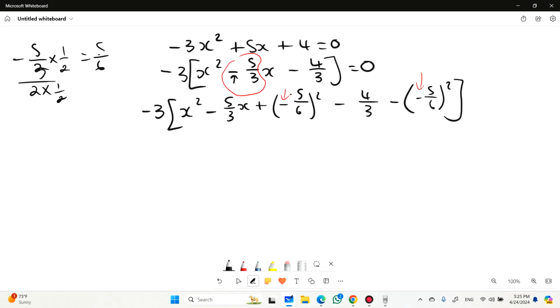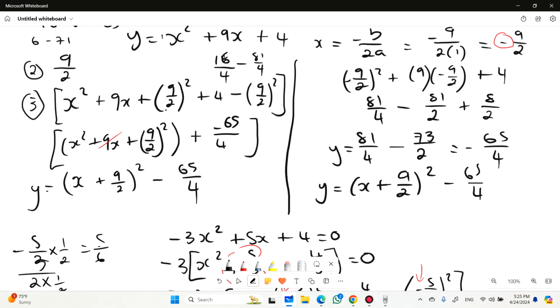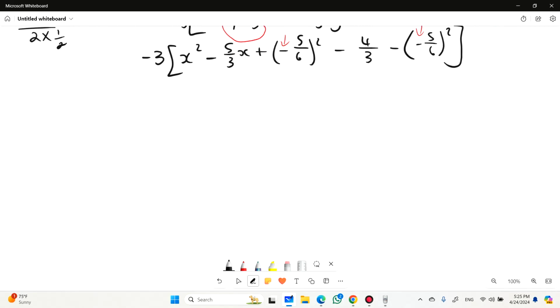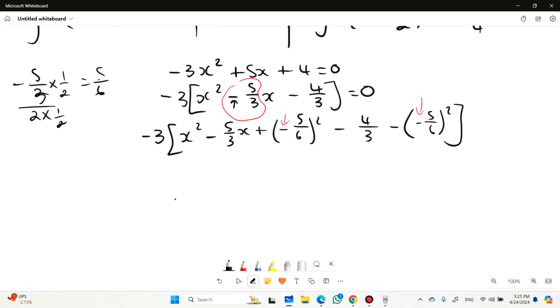Yes, that's correct, but in this case we want to use that sign when dealing with the coefficient. Here I have a positive, so I will use that positive in that place. If it was a negative, I'll take the negative and put the negative there. Something that you should understand.